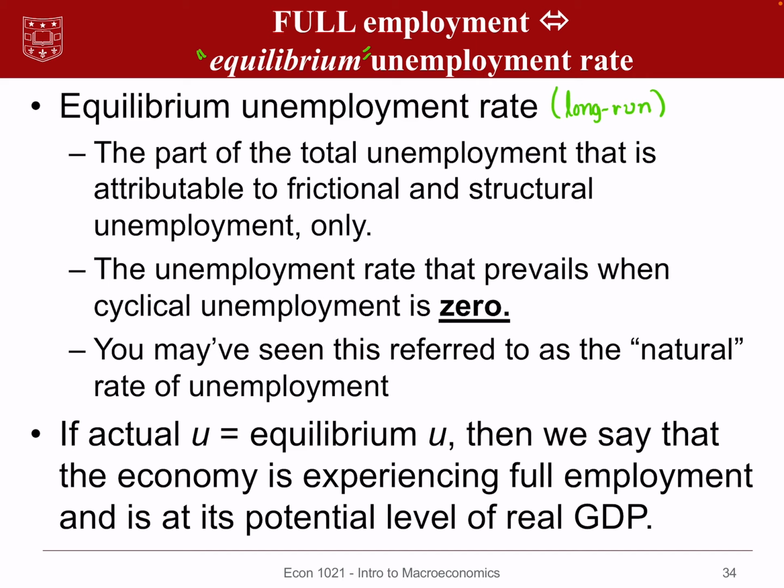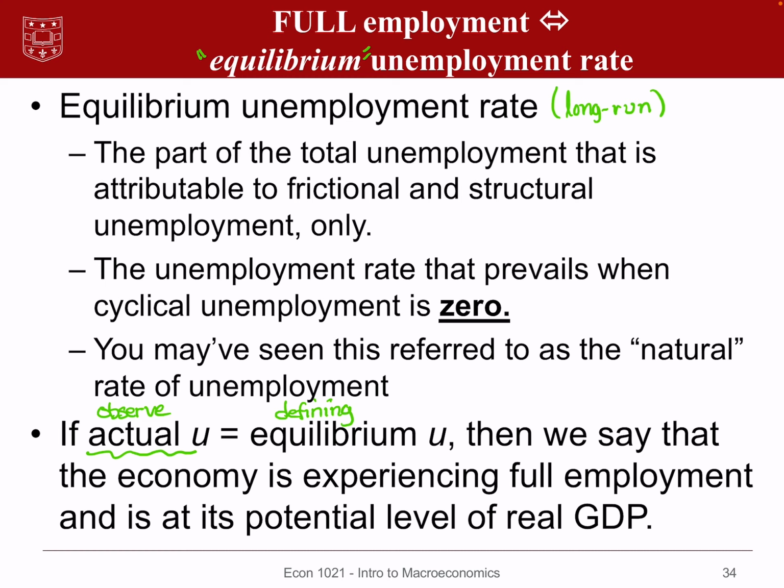So what we then are saying is, if we observe an unemployment rate that is equal to how we are defining the equilibrium one, the one that we are defining as full employment, then we say that the economy is experiencing full employment, and in an associated manner, the level of gross domestic product that we observe is the potential level of gross domestic product.